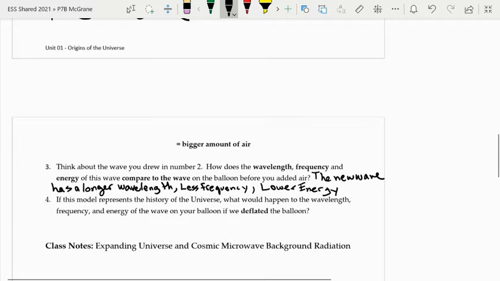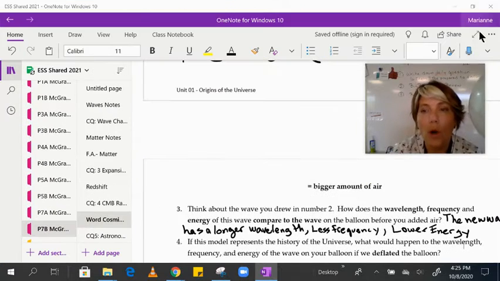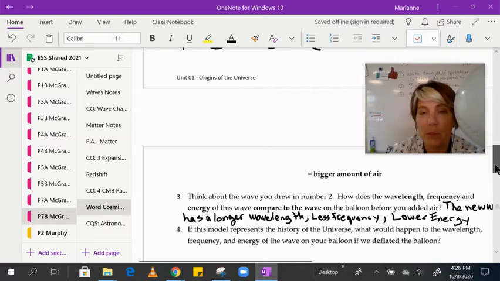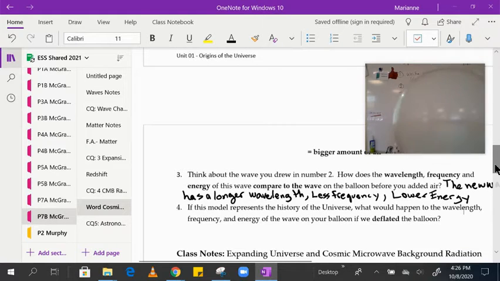So that represents the universe we see today. If this model represents the history of the universe, what would happen to the wavelength, the frequency, and the energy of this wave if we went back in time? If this is the model that we have right now of the universe, if we want to reverse this process and see what happened early in the universe, let's deflate the balloon and see what's happening to our wavelength.